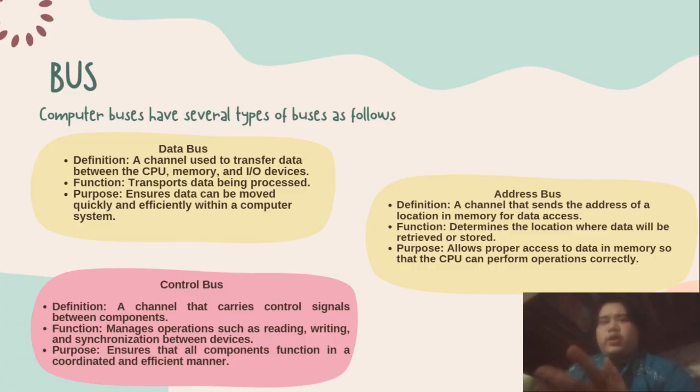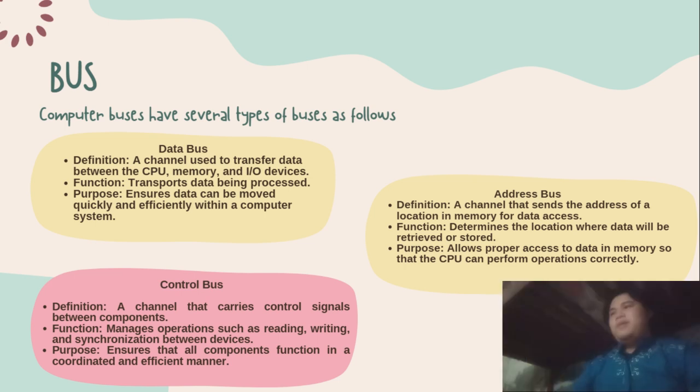Now I will explain three types of bus system and four types of bus system interface. A bus system has three main components: the data bus, address bus, and control bus. The data bus function is to transport data being processed, and its purpose is to ensure data can be moved quickly and efficiently within a computer system.